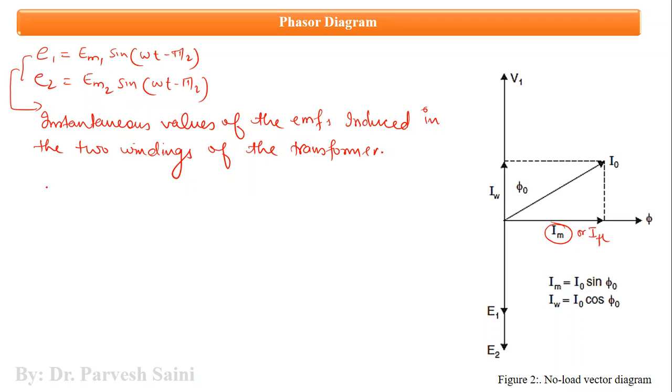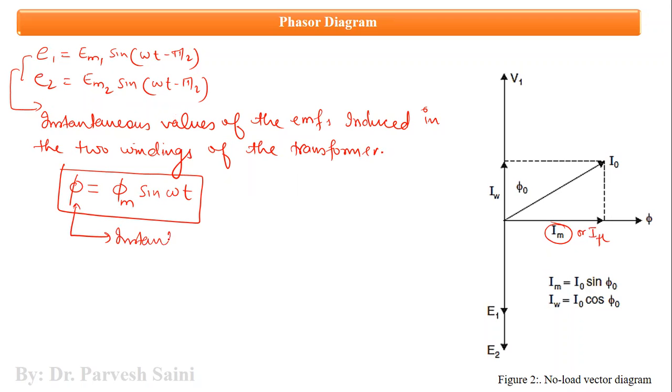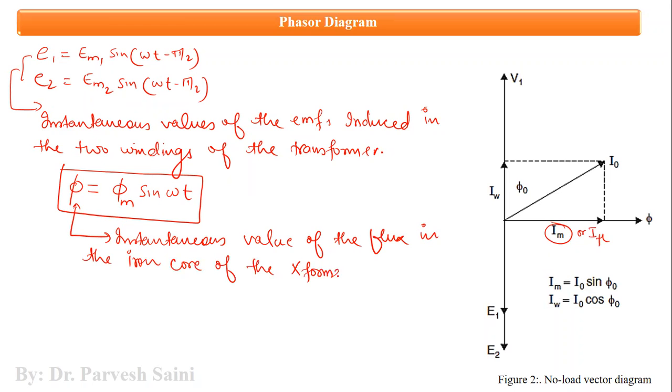Now the instantaneous value of flux is given by phi is equal to phi m sine omega t. So this is the instantaneous value of the flux in the iron core of the transformer.